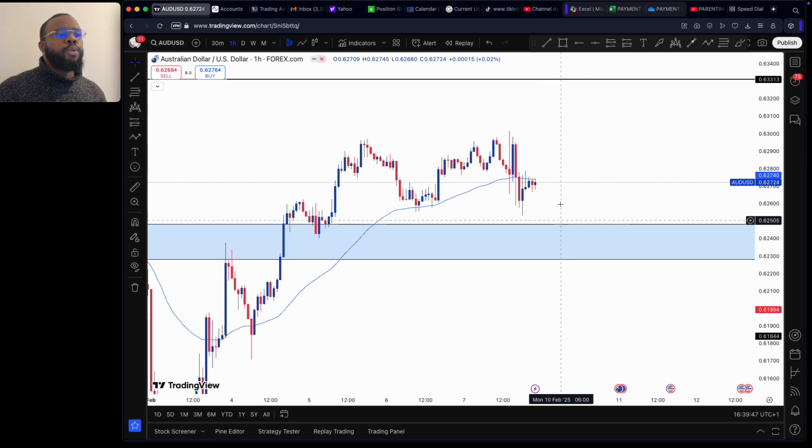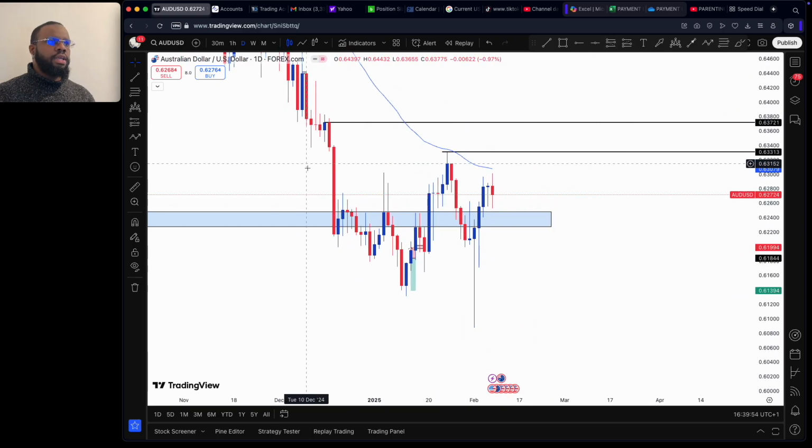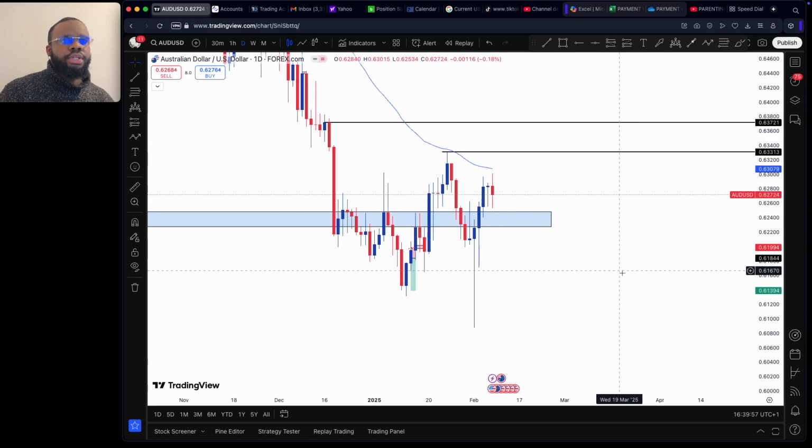So I'll be looking to buy AUD USD next week with what I'm seeing here on the candlesticks.